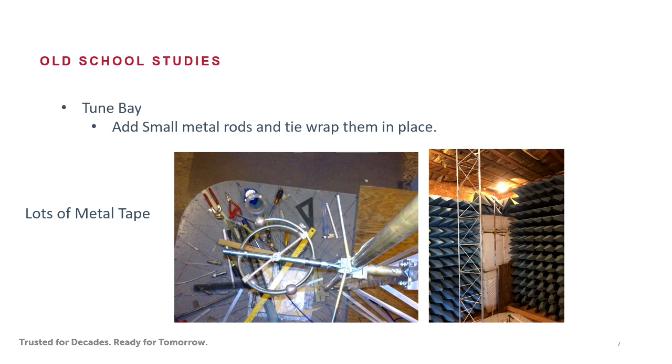So the process of building it is you put a radiating element up there, you start adding some metal rods, you zip tie them in place, you affix them at whatever angle you think is going to be best for the first pass. There's lots of metal tape involved in this process. I mean, it really is sort of an art here to build that test fixture, and then it goes either into the chamber or onto the range for data collection.